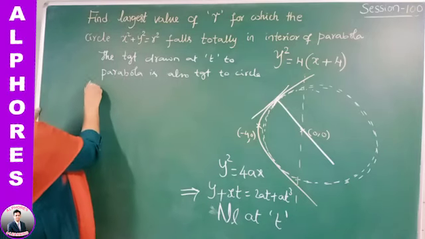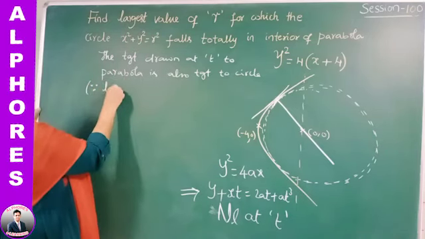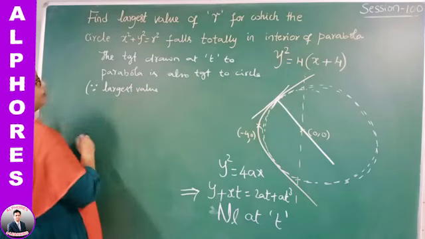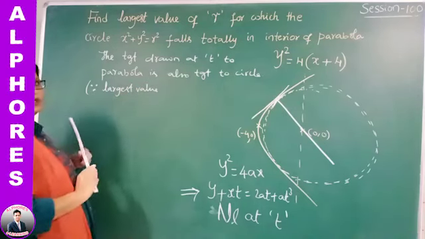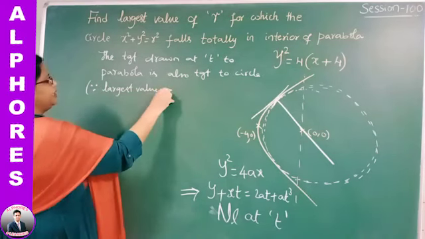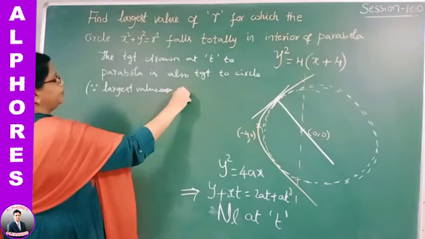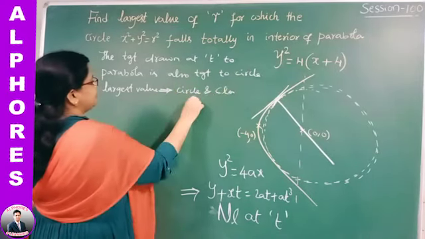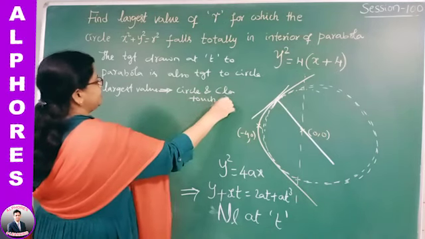In brackets we write: since largest value implies the circle has to be totally in the interior of the parabola. Largest value implies that the circle and parabola must touch each other at that stage.